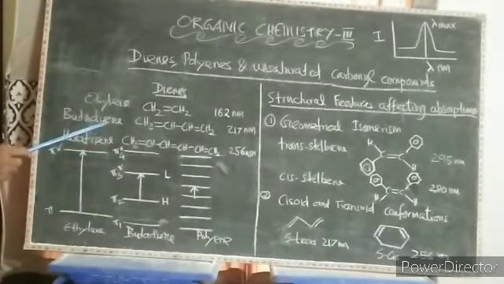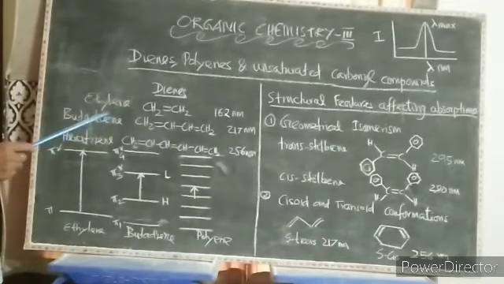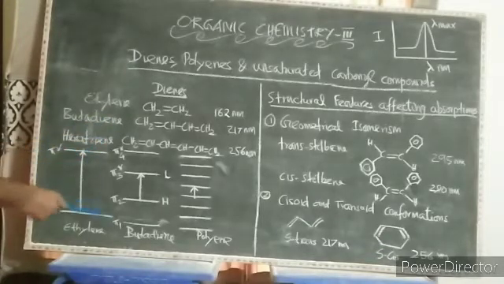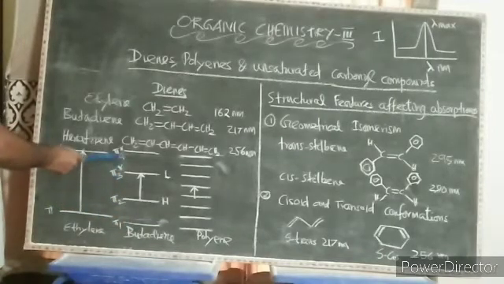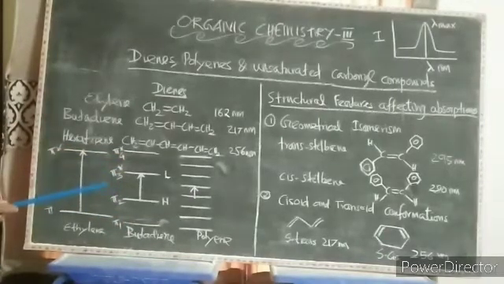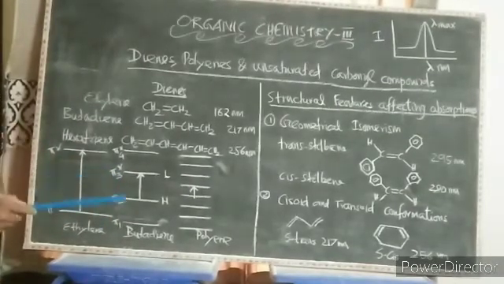Now these 4 pi orbitals combine among themselves to produce 4 equivalent new molecular pi orbitals, and these are shown in the figure, that is pi 1, pi 2, pi 3 star, pi 4 star, 2 bonding, 2 anti-bonding. And if you see, the pi 2 and the pi 3 star are close lying energy levels.